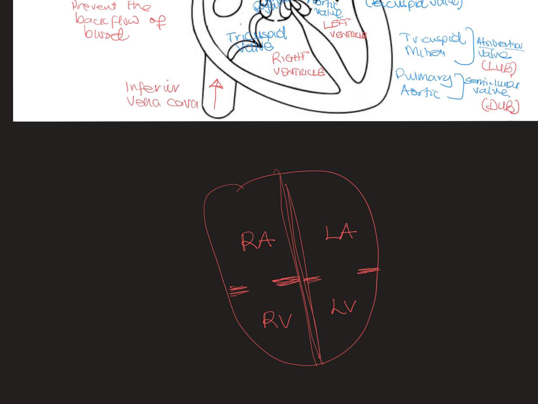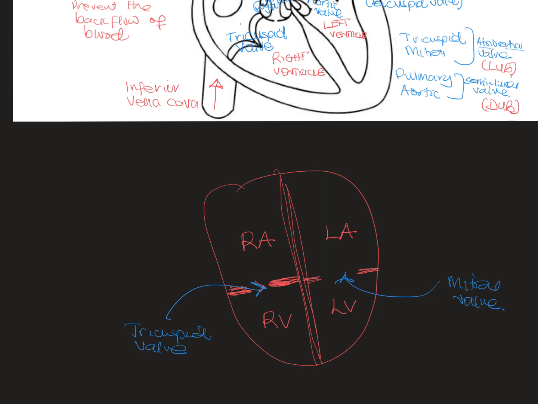I'm just trying to make it simple here. Now the valve between the right atrium and the right ventricle is called the tricuspid valve. The valve between the left atrium and the left ventricle is called the mitral valve, or otherwise called the bicuspid valve.